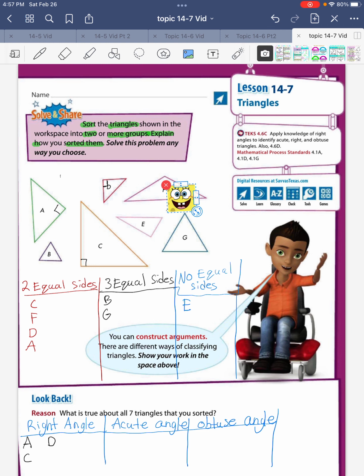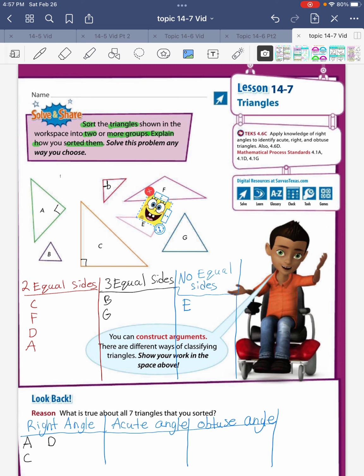So let's see, what about E? If I put SpongeBob here, yeah, SpongeBob fits in this one as well.